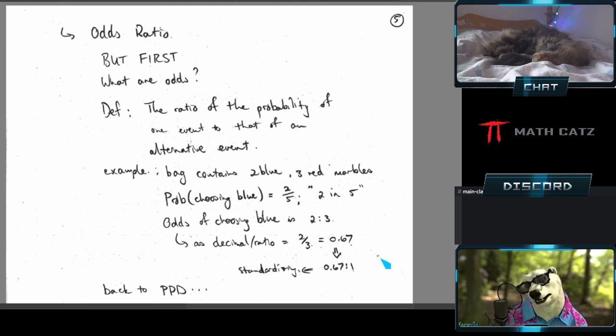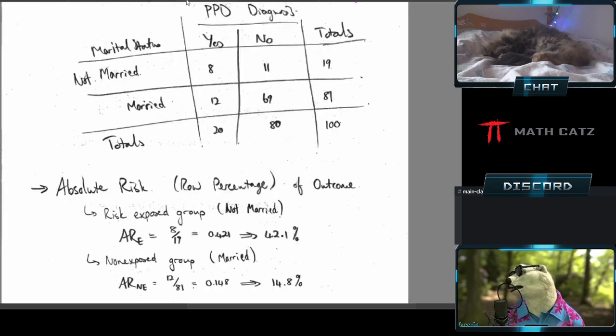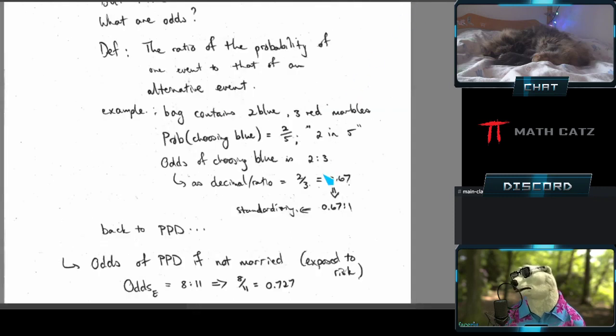Okay. So now let's go to our postpartum depression example. The odds of having postpartum depression if not married, remember the table, on this slide, 8 to 11. Those odds are presented as a decimal or a fraction, 8 divided by 11.